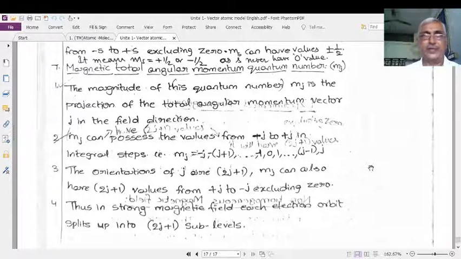That's why these 7 quantum numbers and the concept of the vector atom model can explain all the observations made in experiments as far as the properties of the atom are concerned.